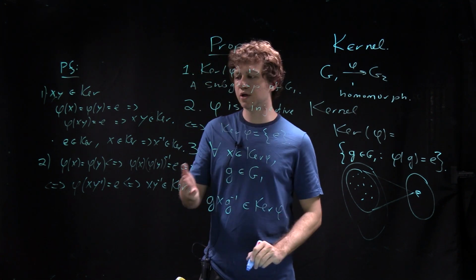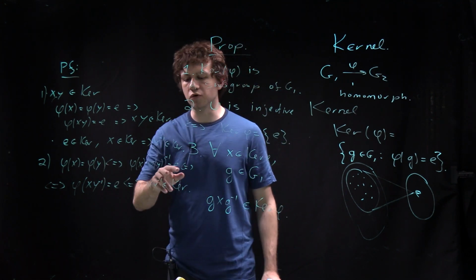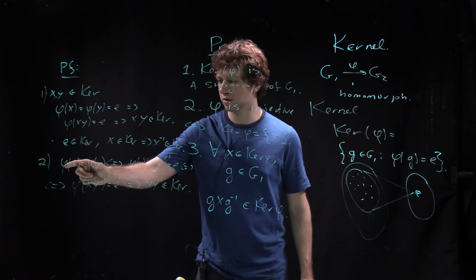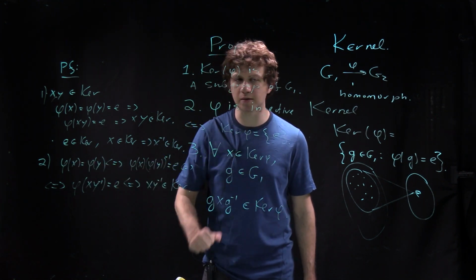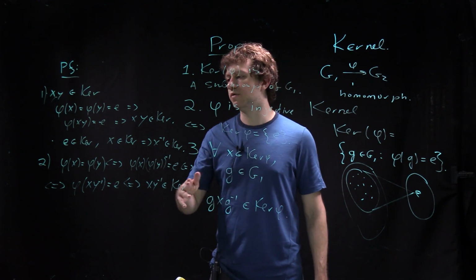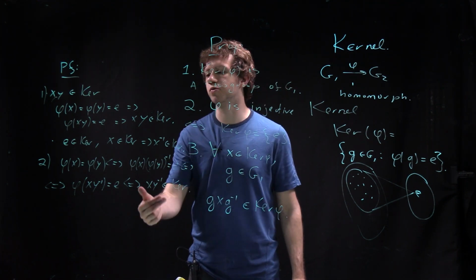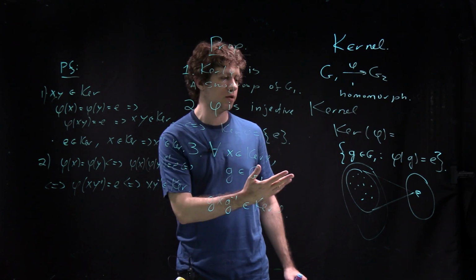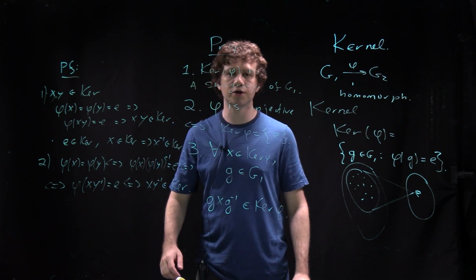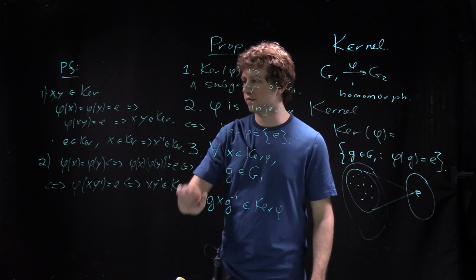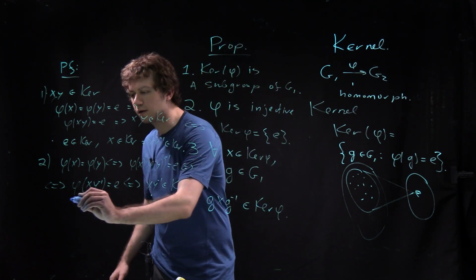From here you can derive the statement: if the kernel is trivial and phi of x equals phi of y, then x equals y. On the other hand, if the kernel is non-trivial, you will get some element which goes to the same element as the identity, which contradicts that phi is an injection. So that's very straightforward. Let me just leave it here.